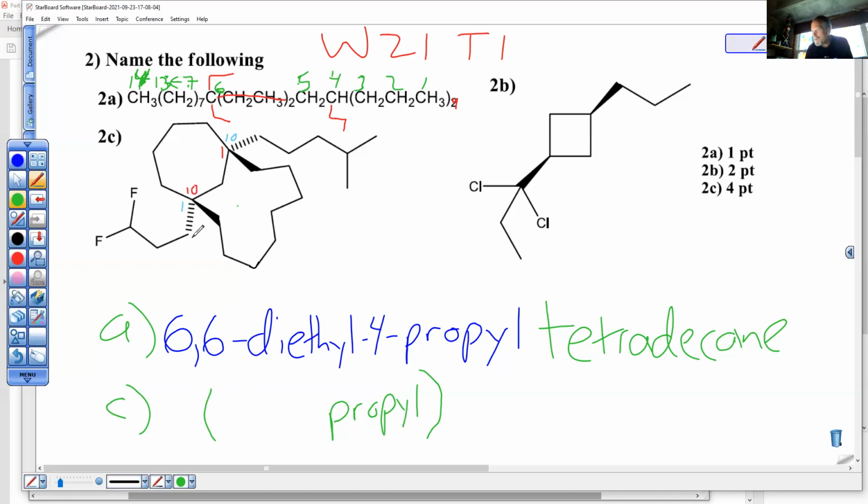So what carbon has the fluorines on it? Carbon 3. 3,3-difluoropropyl. I don't know if it's gonna fit. I'm gonna try. Think thin. Snuck it in there. And that's on carbon number 10 in the red system.